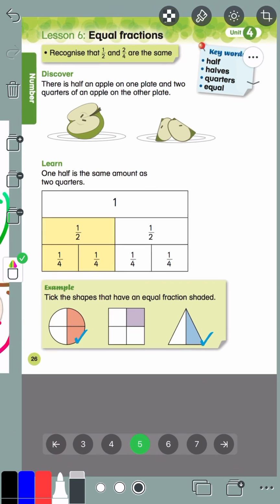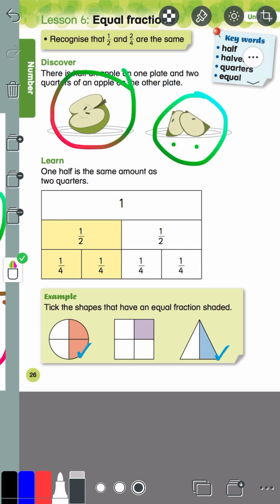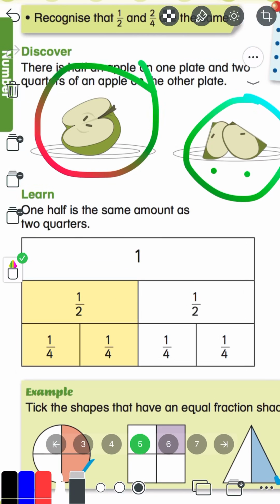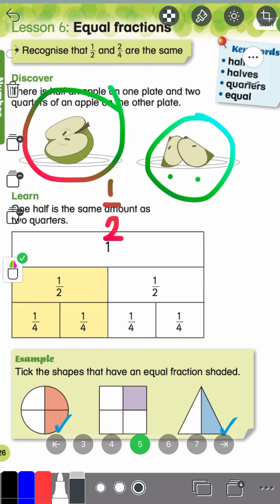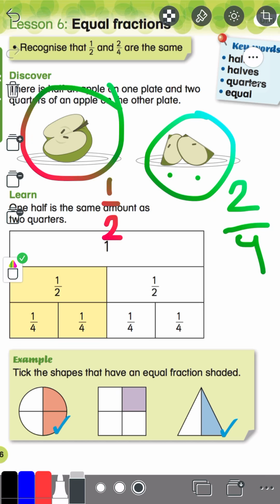So here, if someone says two pieces is larger than one piece, is that true? You would say, of course not. Look, here we have half an apple. Half an apple is written as 1/2. But here we have 2/4, written as 2/4 or two quarters.